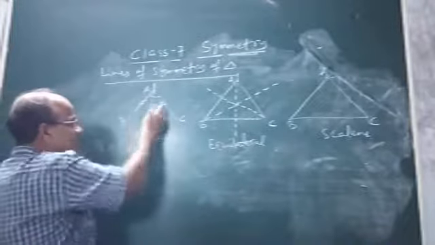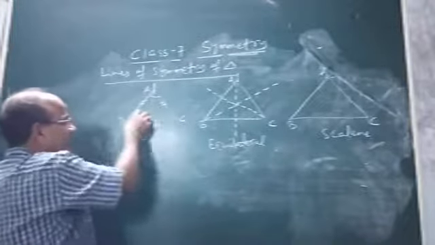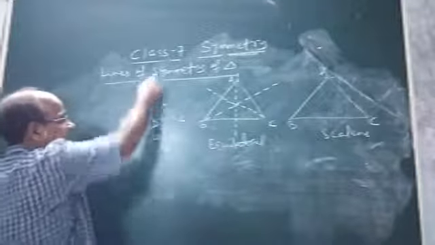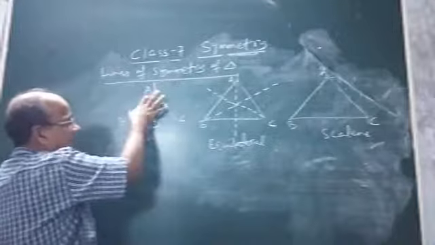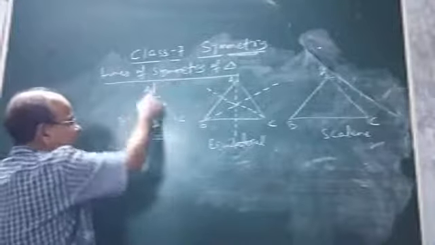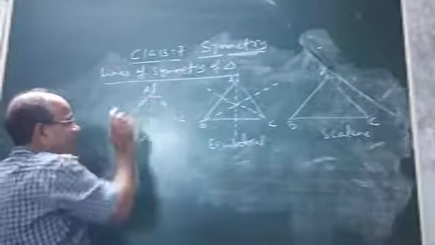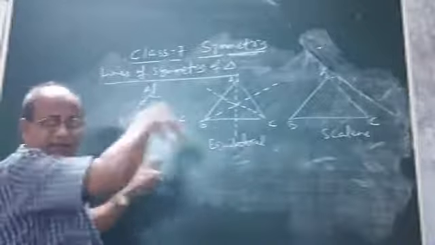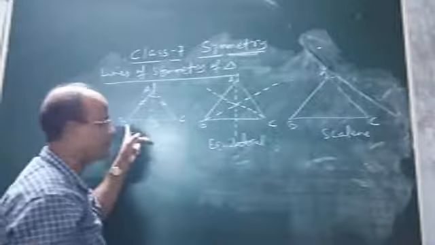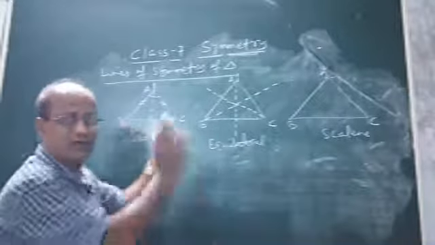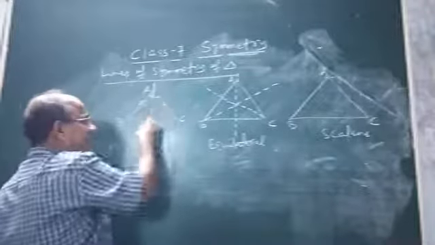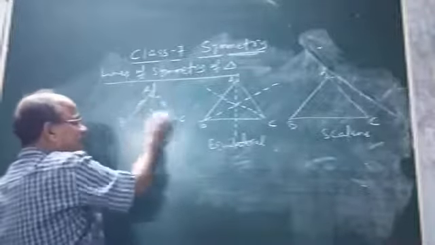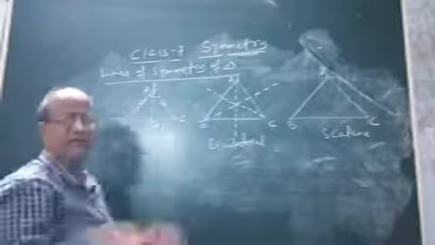About this line, if triangle ADC is folded about the line AD, which is the bisector of angle A, now AC will fall on AB. Look, AC will fall on AB, means AC and AB will coincide with each other, means C will fall on B, and the two parts will coincide. AD will coincide with itself, AC will coincide with AB, that means C will coincide with B. So what does it mean?